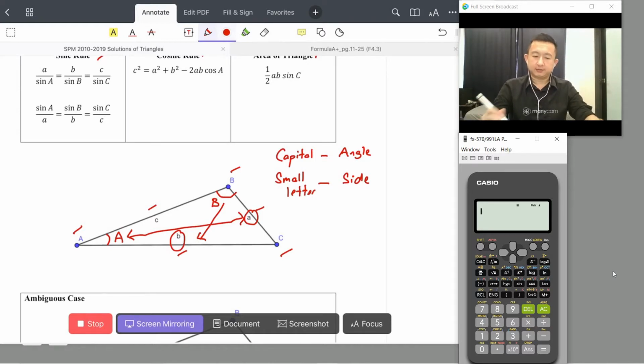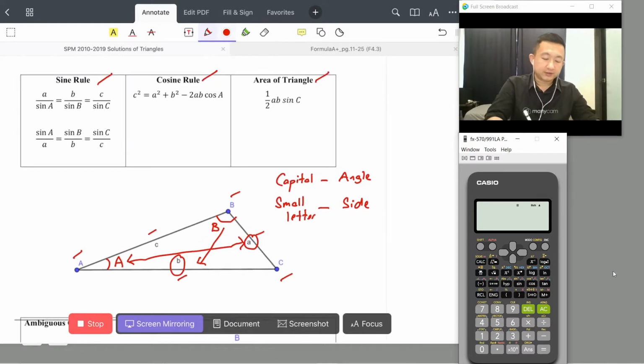Okay, clear. Now we have a look at the sine rule. As you can see, there are 2 formulas here, but actually they derive from the same formula. Just the way of presenting it is different. So it's up to you which one you want to apply. Let's say we have an example diagram.